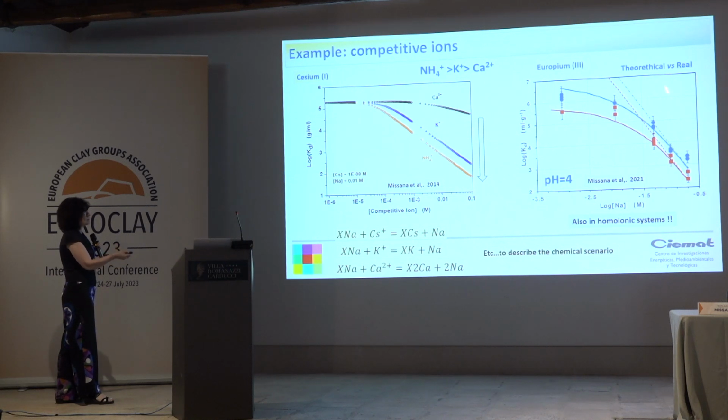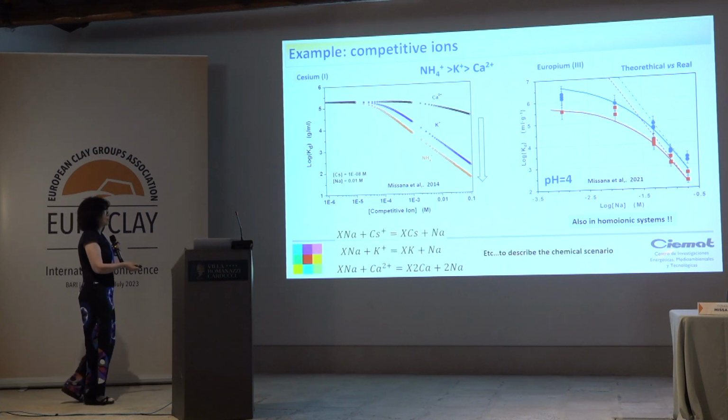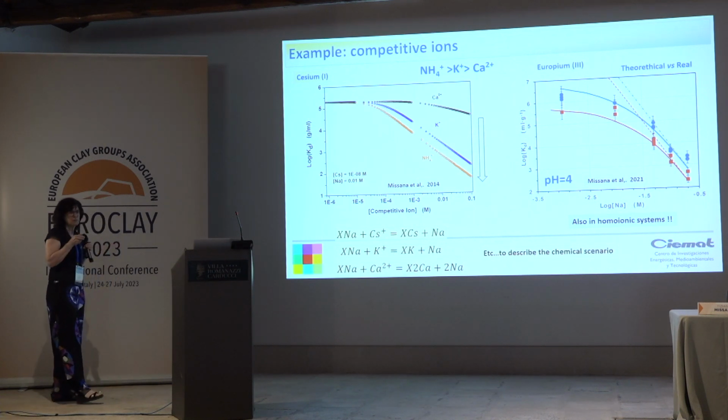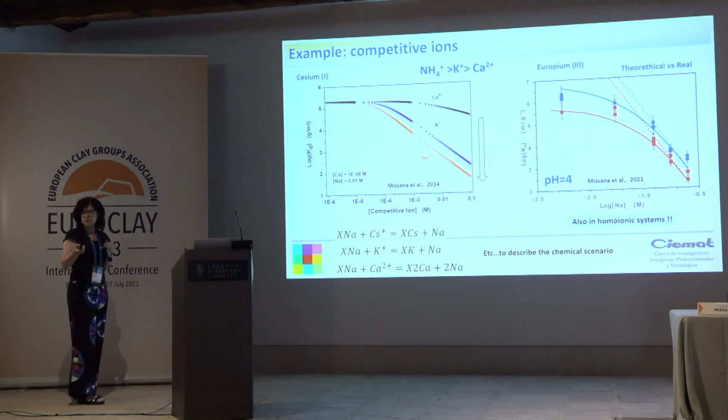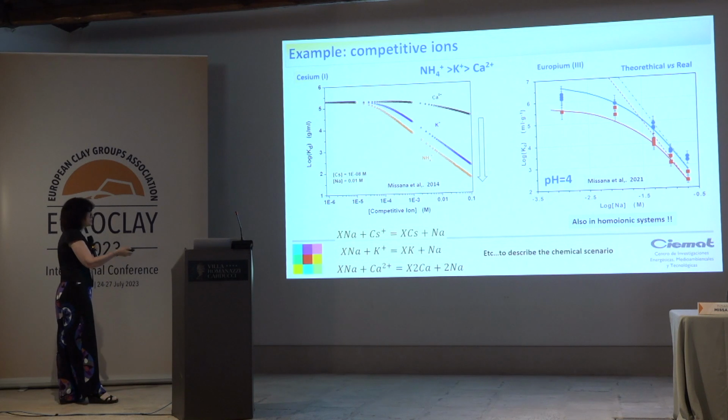So the predicted sorption would be much higher than the real one, which is in this curve, which bends. This could be modeled considering that even in a homoionic system, there is a small leaching of ions like aluminium or bivalent ions that makes the sorption lower.